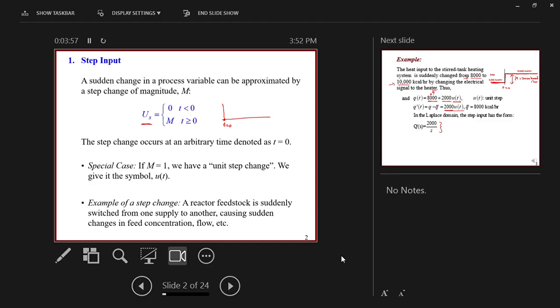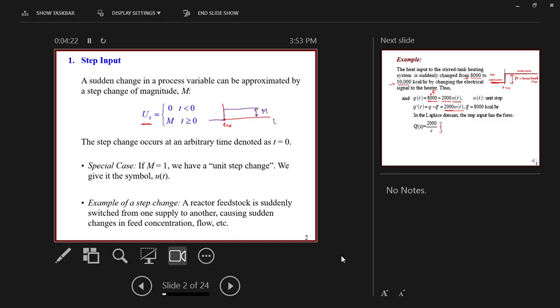So the value of the input at time 0 changes from one value to another. Before 0, its value is 0, and then it suddenly jumps to another value and stays at this value. The size of this change is M.